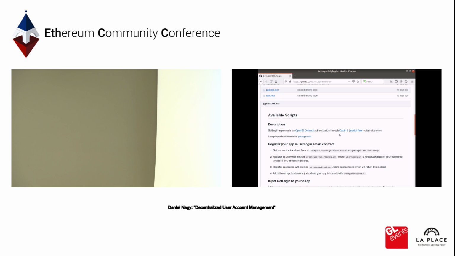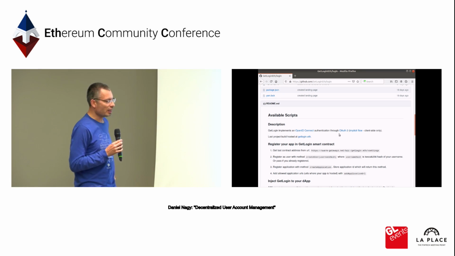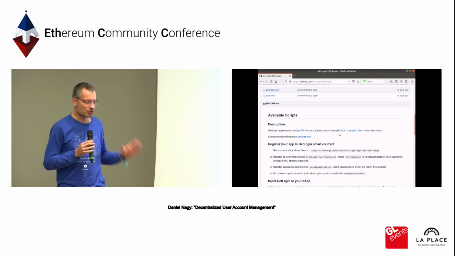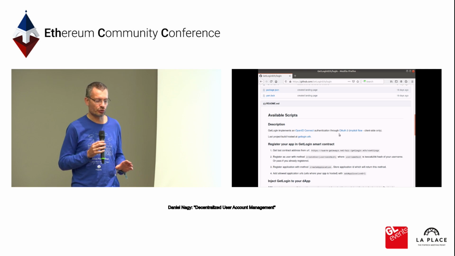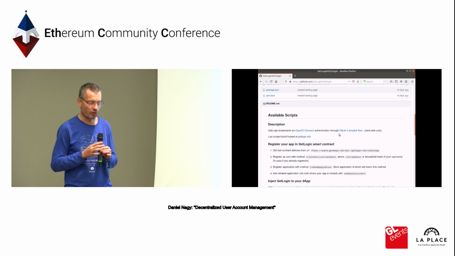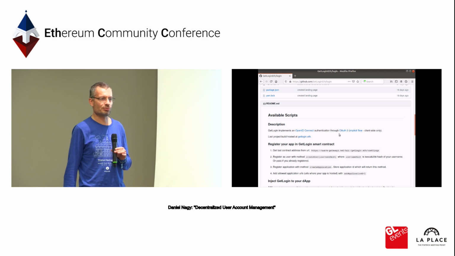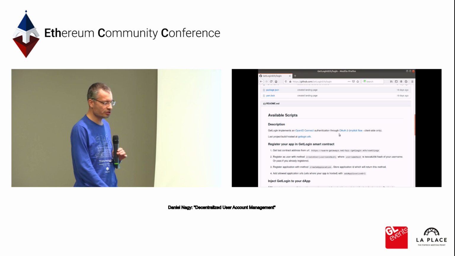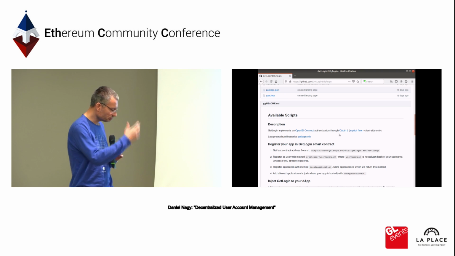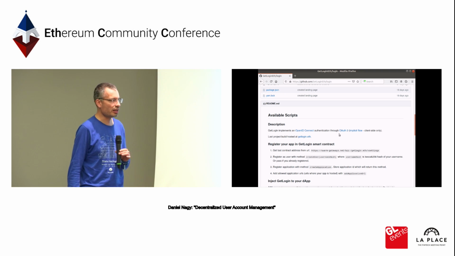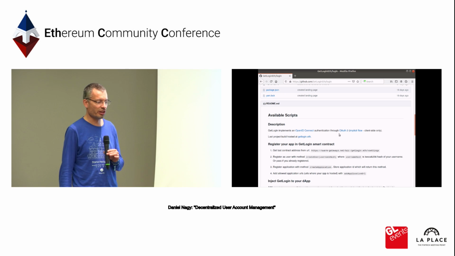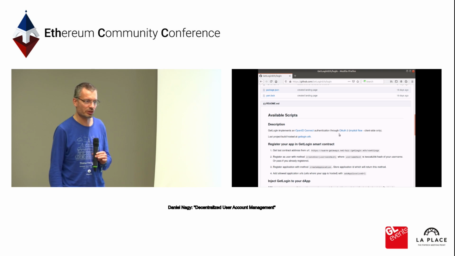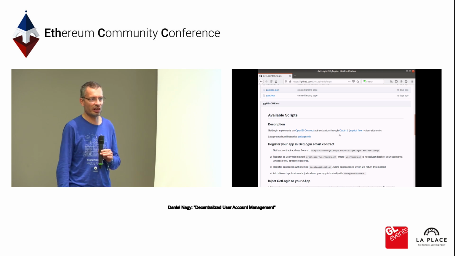So it's OpenID Connect and OAuth 2 compatible, and eventually you will be able to use all sorts of key management devices. So you could use your MetaMask account, you could use your hardware key, or you can also use a simple username and password-based authentication.